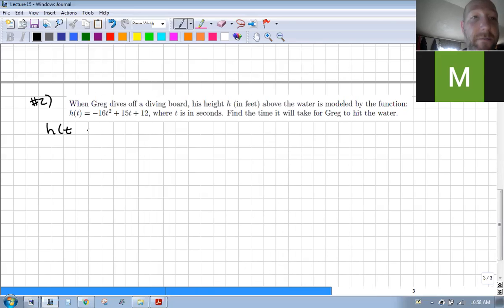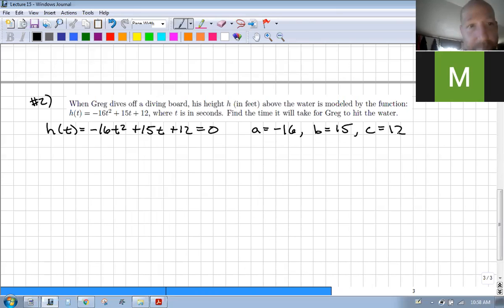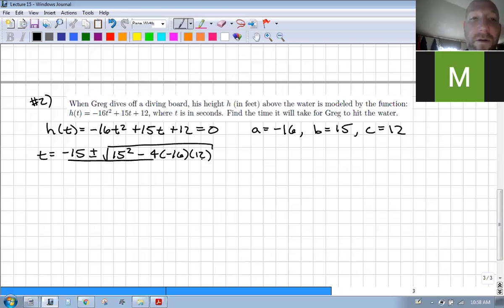So we take his height, set it equal to 0, and we need to solve. There's our A, there's our B, there's our C. So t here is negative b plus or minus the square root b squared minus 4ac all over 2a.